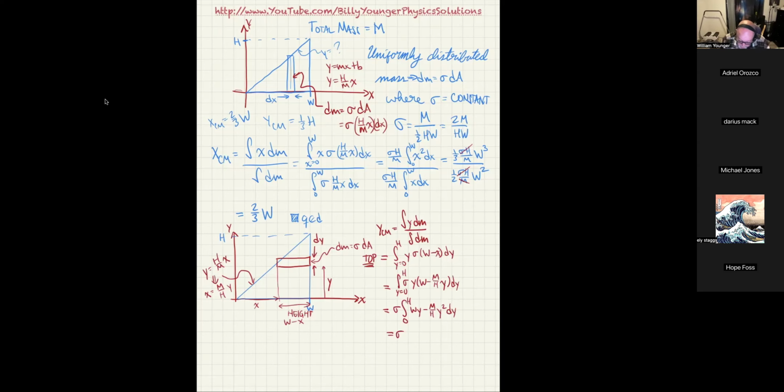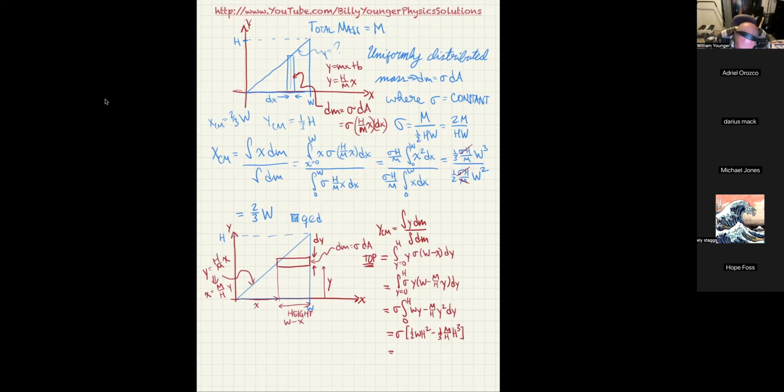Now the integral of wy is 1 half wy squared. Evaluated from 0 to h is 1 half wh squared. So I'm going to say 1 half wh squared for that first integral. Now the integral of negative m over h y squared is negative 1/3 m over h y cubed. That becomes 1/3 m over h, and of course evaluating it at h and 0 gives me h cubed. So that's the actual value we have.